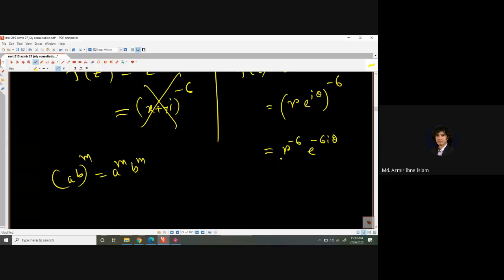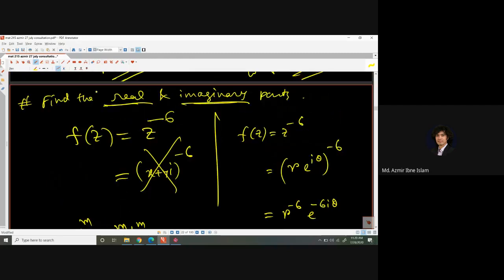Clear? Yes, sir. Using this concept, our target is to find the real and imaginary parts. Remember, in your first quiz that is coming, you will get similar types of questions there. So you have to know how we can find real and imaginary parts.